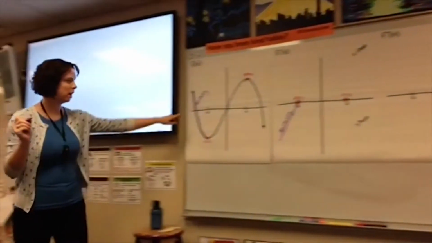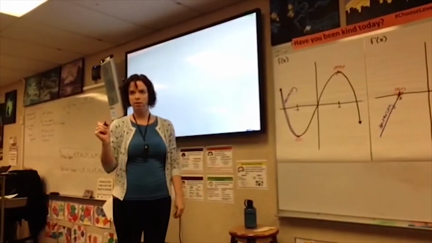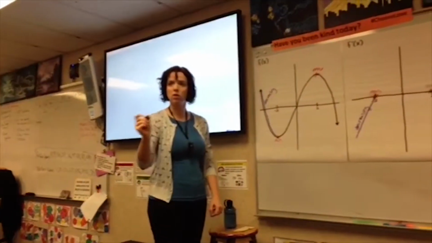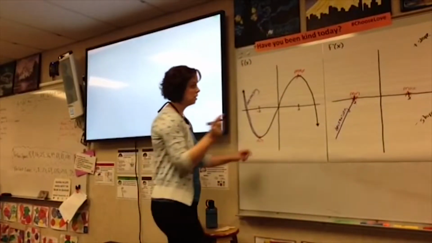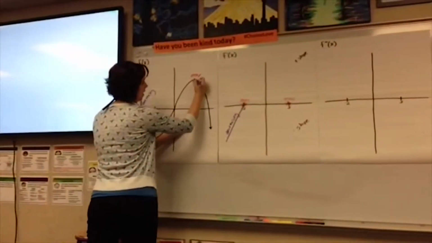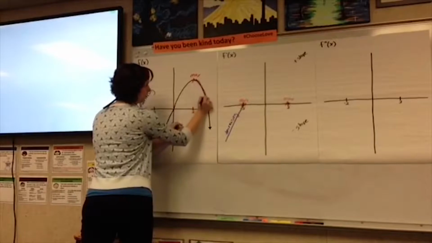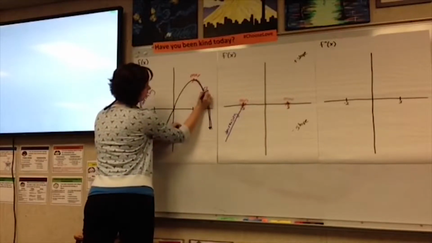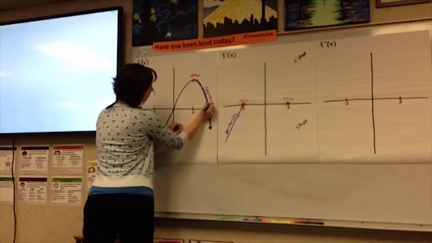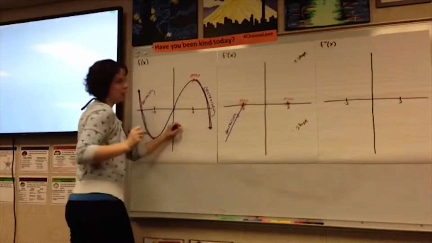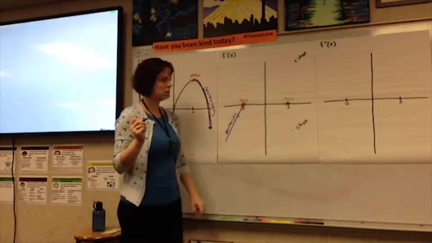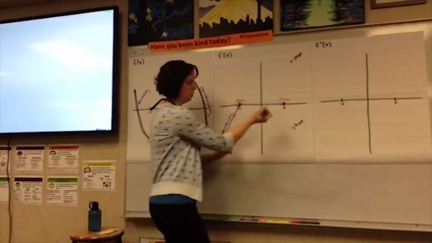Is it decreasing anywhere else on this graph? Kat? 2 to negative infinity. So here it's decreasing. And where would I draw it over on this graph? 2 to negative infinity.